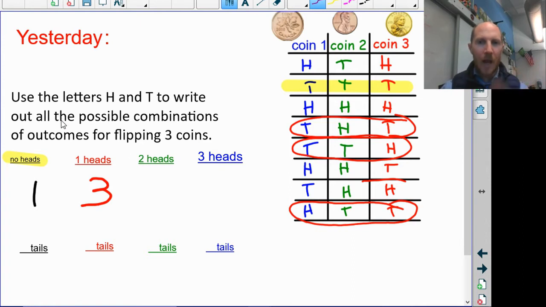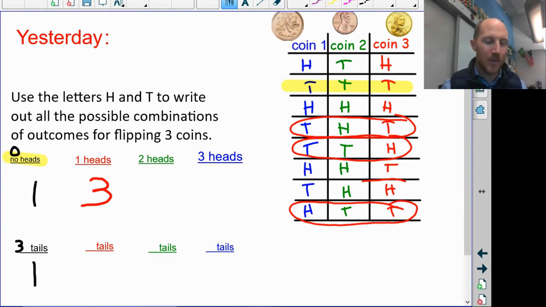So out of the 8 total outcomes, how many of them give you no heads? Well, I already answered this one. To get no heads, the only possible way for that to happen is if you get tails on all 3 of your flips, right? So I highlighted that in yellow. There's 1 outcome that gives us no heads. Now, I'm going to fill in some more numbers here. If I got no heads, that means I got 3 tails, right? Because there were 3 coins. If none of them are heads, all 3 of them are tails. So no heads goes with 3 tails.